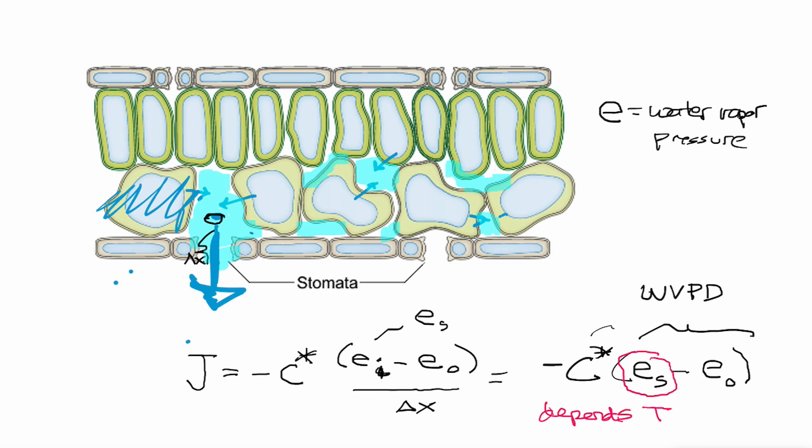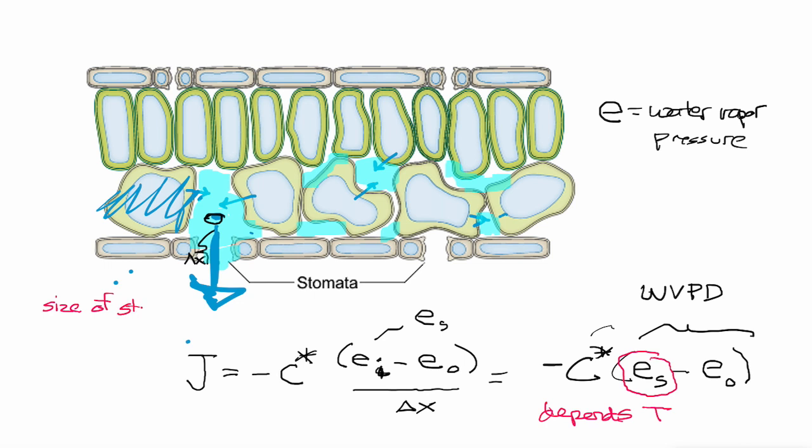Now at this point I want to make a couple quick comments about what we mean by this diffusivity term, C star. That describes, remember, the ease with which water vapor can diffuse through the stomata. And so it's actually going to depend on several things that are very specific to the plant. It will depend on the size, for example, of the stomata. Bigger stomata will have less resistance to movement.